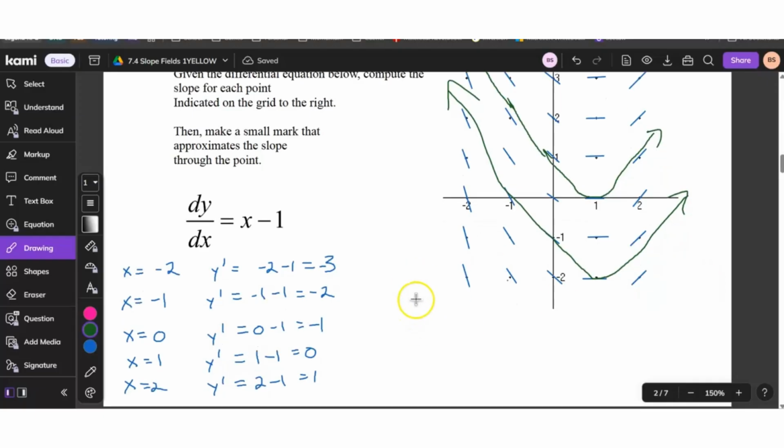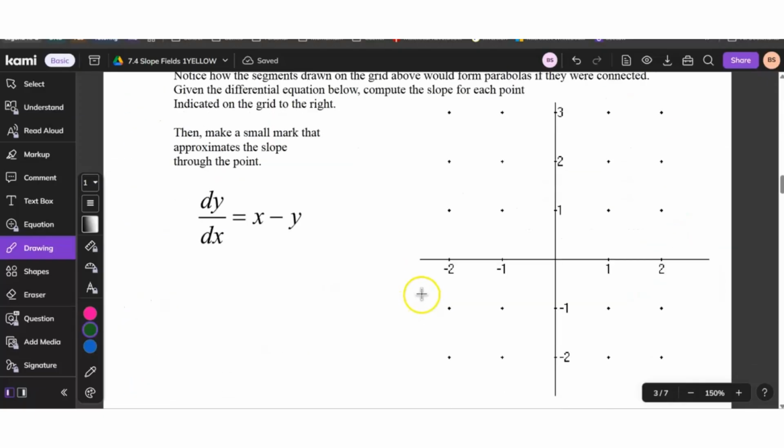Thank you. All right. So this one's going to be a little bit trickier, right? Because when I look at this one, it's not always going to be the same. The only time that I can look at this and say I know exactly what it will always be is if x equals y, right? Because if I have x minus y, that means every time that x equals y, I'm going to end up with 0.